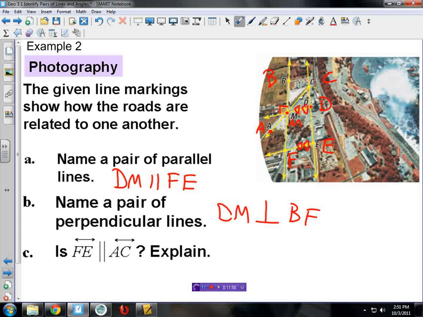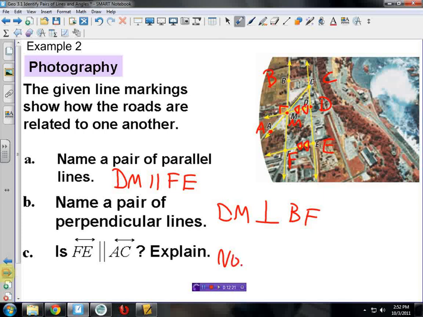I think a better one that they could have asked is, if they would have said, is BF and CE parallel? And I still think it's a no. It looks like they're going to touch eventually. Yeah, a million miles that way. So this one's a no because eventually they will touch, right?